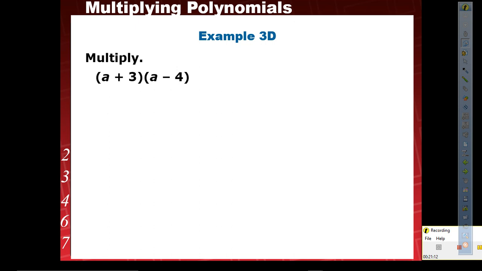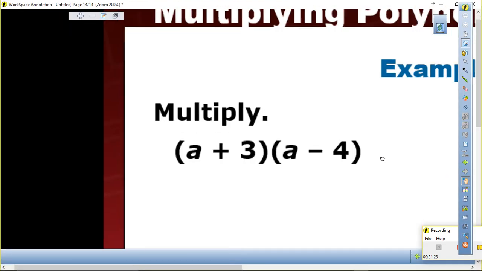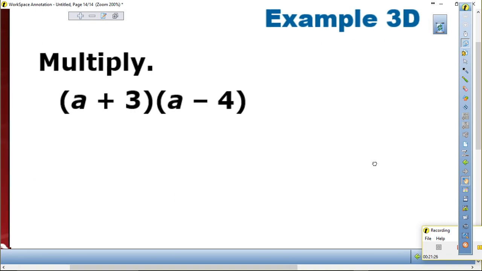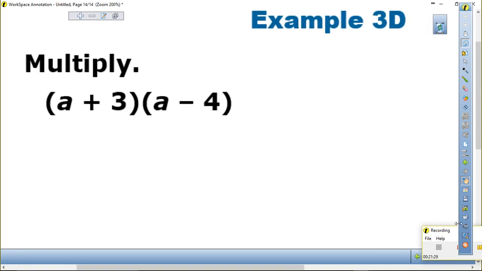Example 3D. A plus 3 times A minus 4. Clear focus? A plus 3 times A minus 4. Copy that. 30 seconds.